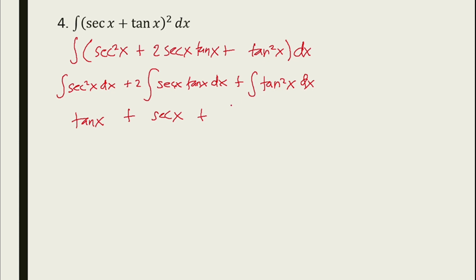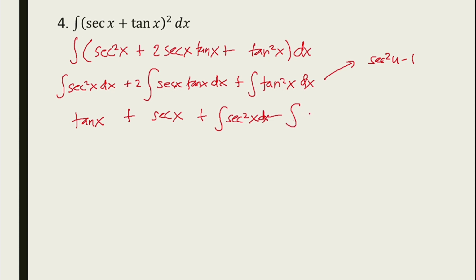Then plus, since there is no integration of tan squared on the formula, we have to transform this one. By the use of transformation, that is case number 4, we could integrate tan squared as secant squared u minus 1. Therefore, we have the integral of secant squared x dx minus the integral of dx.